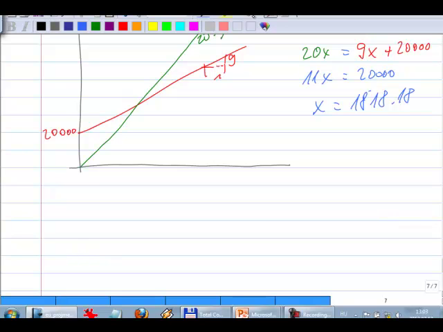When we want to buy 0, between, under 1818 we cannot make and we cannot buy. What is between, what is above?